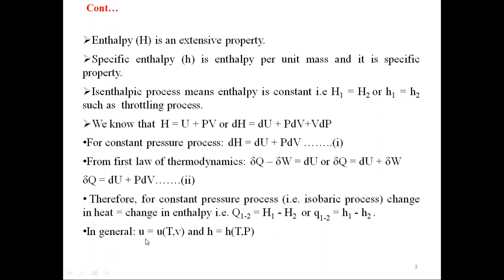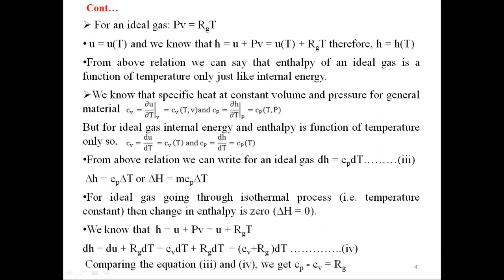In general, internal energy is a function of temperature and volume, and enthalpy is a function of temperature and pressure. We know that for an ideal gas, PV is equal to RGT, where RG is the gas constant and T is the temperature.